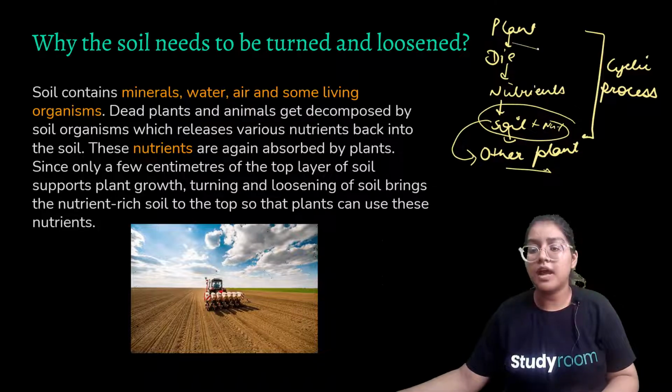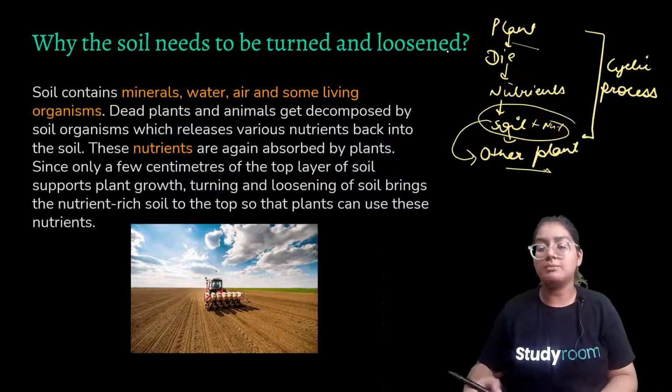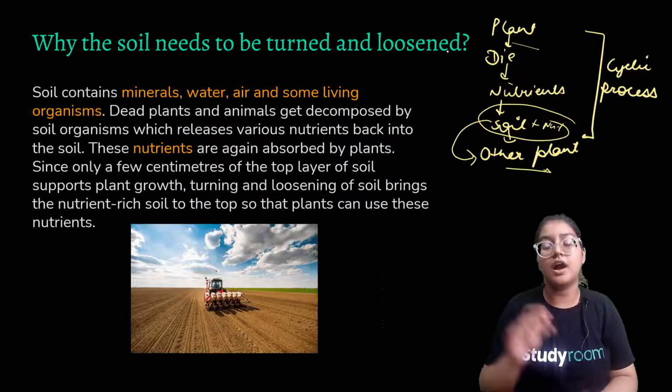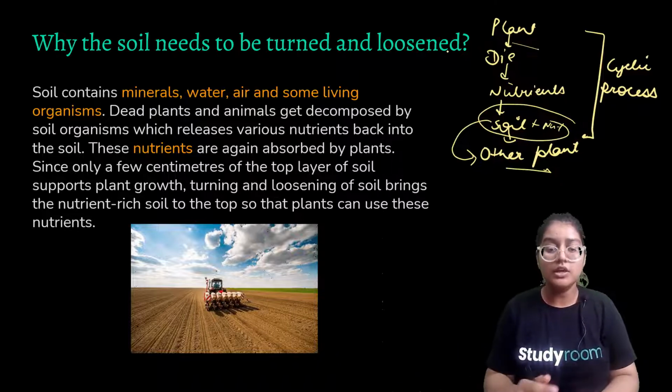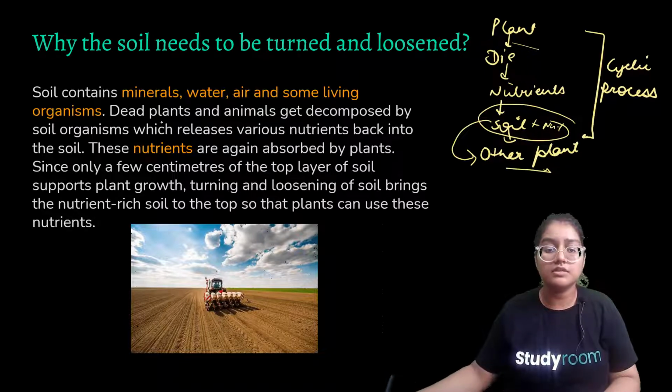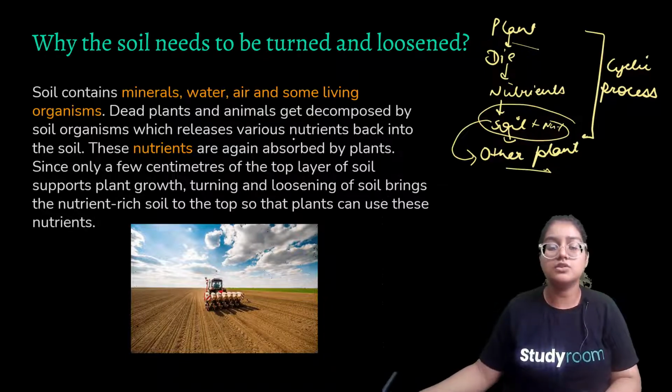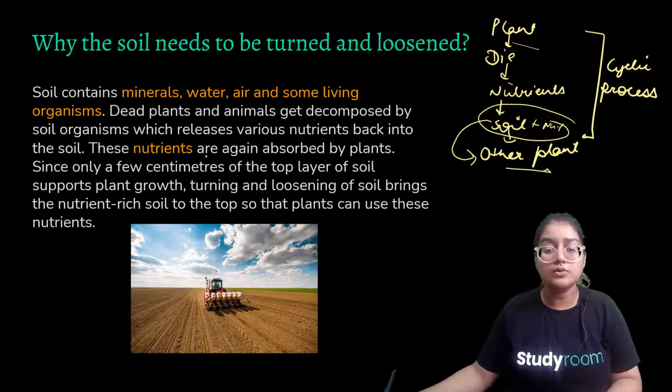So one plant or animal death helps ensure that other plants grow healthily. Dead plants and animals get decomposed by soil organisms, which release various nutrients back into the soil. Just like we discussed in this flowchart, dead plants and animals release nutrients back to the soil, and these nutrients are again absorbed by some other plants.